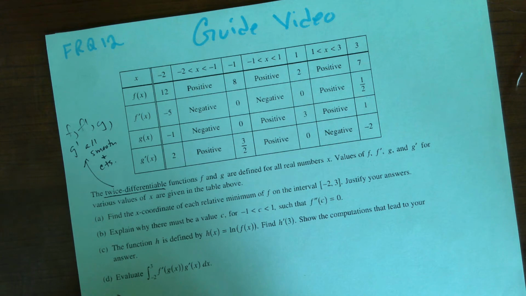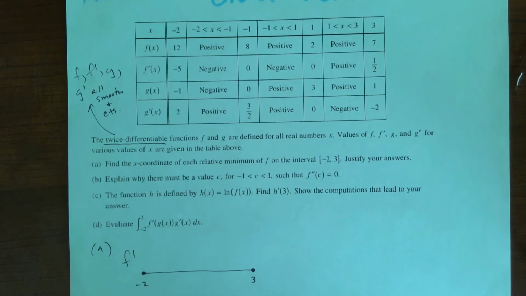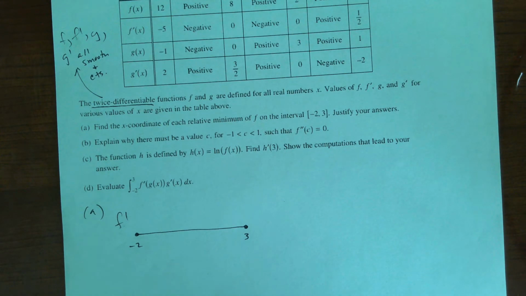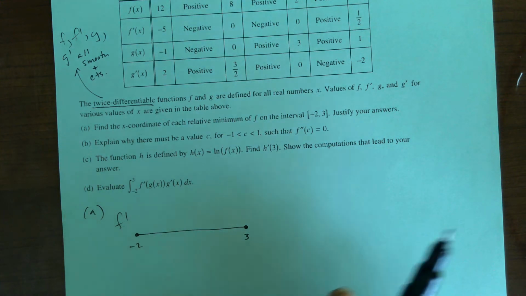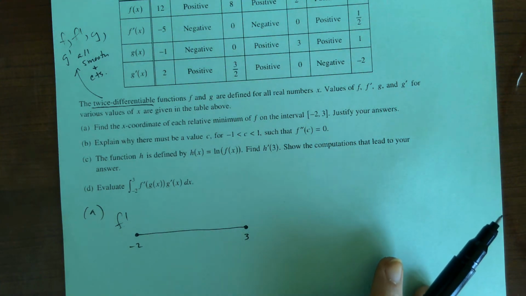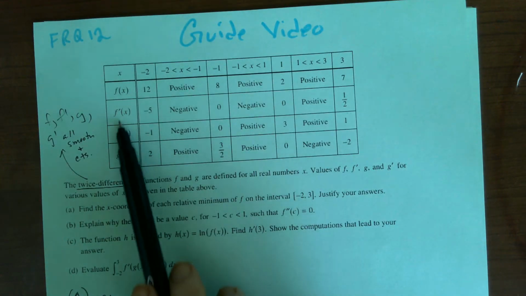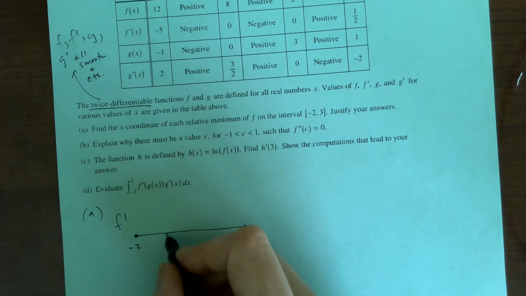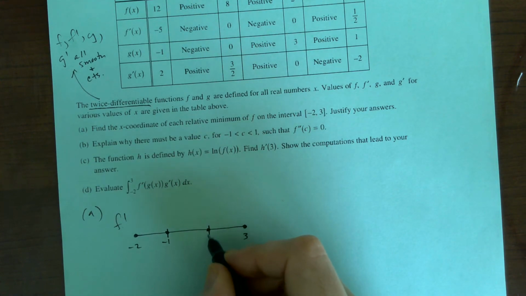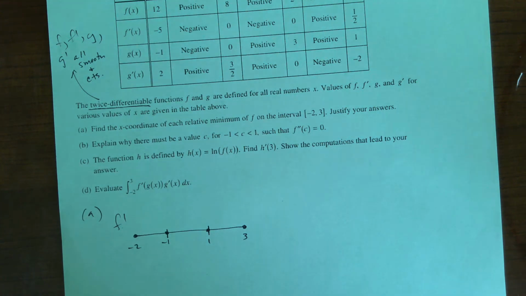I'm only considering f prime on this interval. I'm going to find where f prime is 0 because those are going to be my critical numbers. So f prime is 0 at -1 and 1. So I'm going to put -1 and 1.